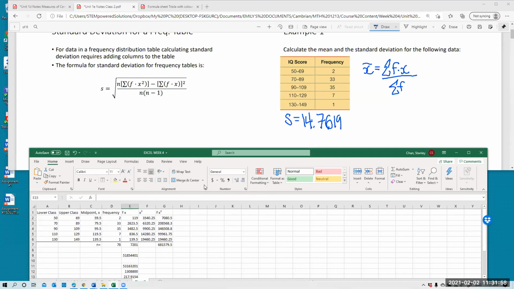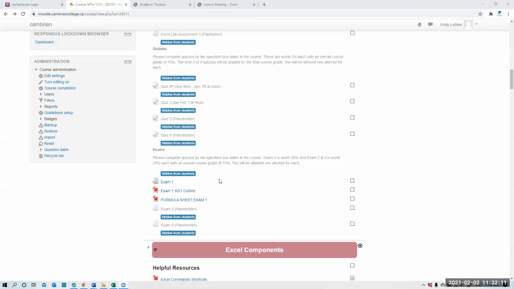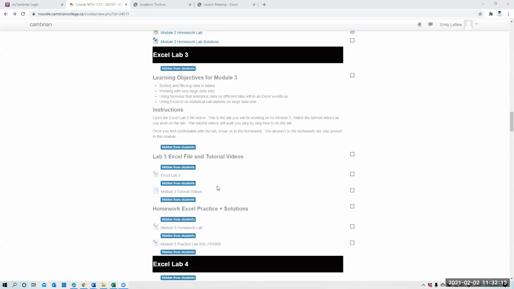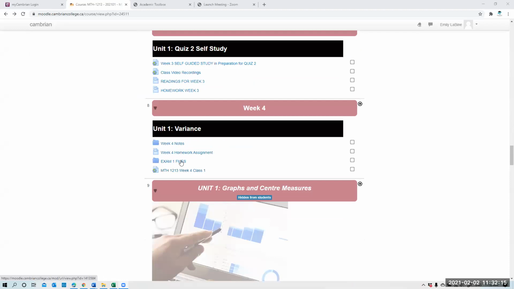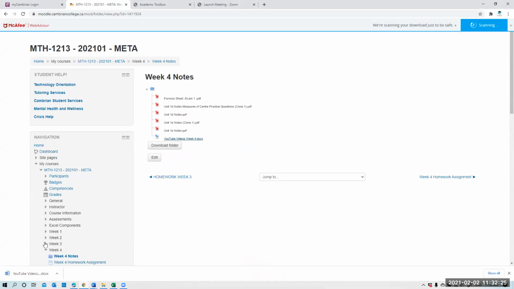But I did post some videos, and I'll show you where I posted those on the class meta shell. So I should be sharing my screen with you. If you go into the meta shell and look at week number 4, go to week number 4 notes and click on that, the YouTube videos actually walk you through step by step how to do this using Excel.